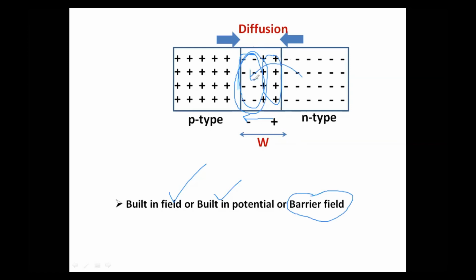These electrons are going to oppose the further diffusion of electrons from the n region to the p region. That means the built-in field generated as a result of diffusion no longer allows further diffusion of electrons from the n region to the p region. The built-in field is acting like a barrier for further diffusion from the n region to the p region. That is the reason why this built-in potential or built-in field is also known as barrier field.